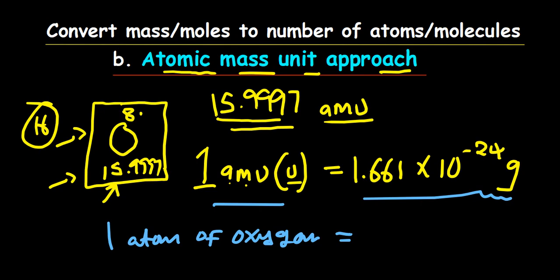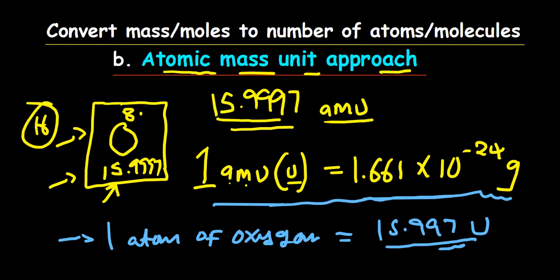So one atom of oxygen has a molar mass of what? That same 15.997 atomic mass unit, which is the same as U. So if you have one atom of oxygen, you have these atomic mass units. Now you can get this atomic mass unit and then use this relationship here to find its mass.